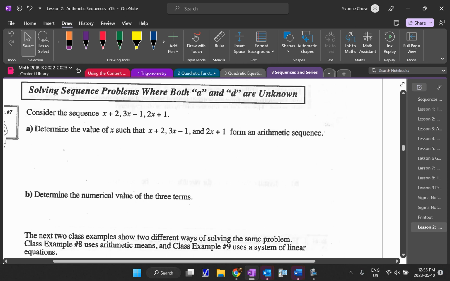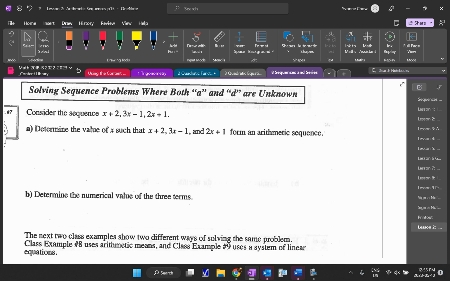Let's take a look at this problem. We have a sequence with some variables in there, x plus 2, 3x minus 1, and 2x plus 1. Let's determine the value of x such that x plus 2, 3x minus 1, and 2x plus 1 form an arithmetic sequence. What do we know that's going to be key?